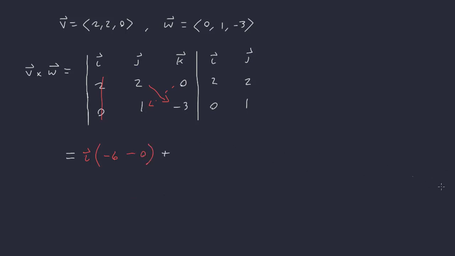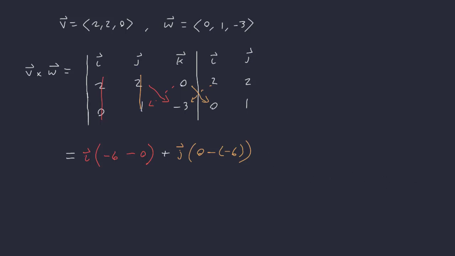Now, with our J, I'm going to ignore its column and take the determinant of this 2 by 2 matrix. So we'll have J, and the main diagonal is 0 minus the opposite diagonal, which is 2 times negative 3, which is negative 6. This is one thing that we have to be careful about: there are quite a few negative signs flying around.